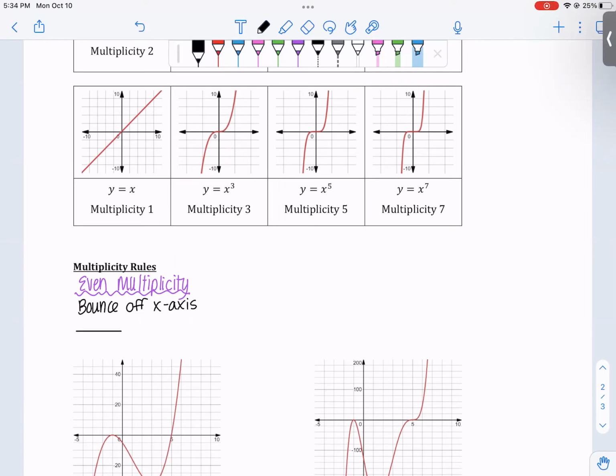So if here's your 0, you'd either touch it and bounce up, or if you're coming from the underneath side, you would touch it and bounce away.